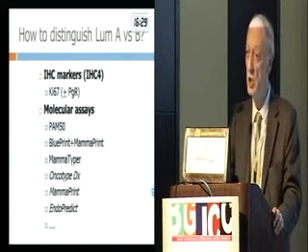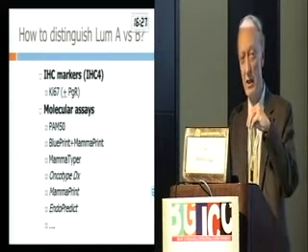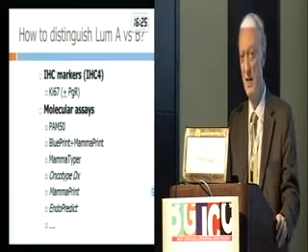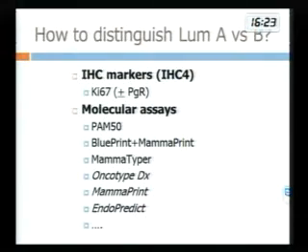But we will assume that for ER-positive breast cancers, the high risk of recurrence and the low risk of recurrence will equate to luminal B's and luminal A's. So altogether, we have a list of possible assays that will help us in distinguishing between luminal A's and luminal B's.